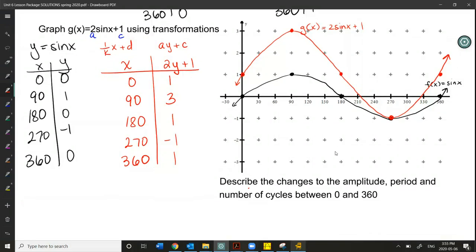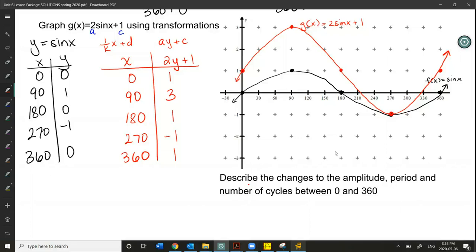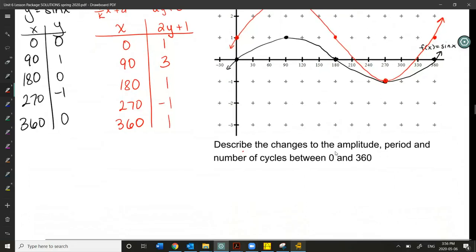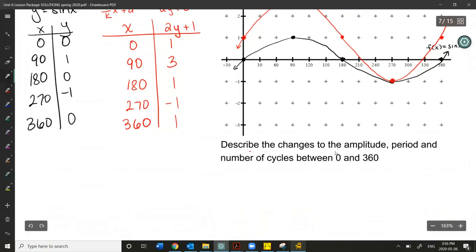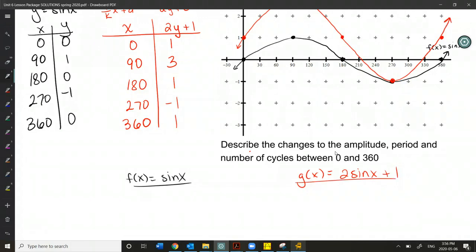Now we're going to describe the changes to amplitude, period, and number of cycles between 0 and 360 from our regular graph of sine x to our new graph. So we're just going to draw that down here. The first graph was sine x, and our next graph that we're going to compare is 2 sine x plus 1. If you remember from our previous lesson, the amplitude of the regular sine function is 1.